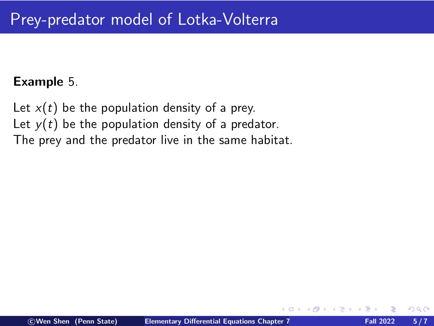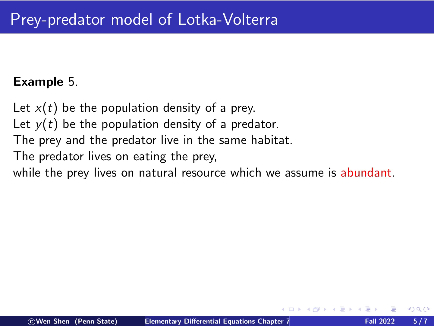The assumption of the model is the prey and the predator are living in the same habitat. In particular, the predator lives on eating the prey. And the prey lives on natural resource, which we assume is abundant, which means the prey can keep growing without exhausting the natural resource.